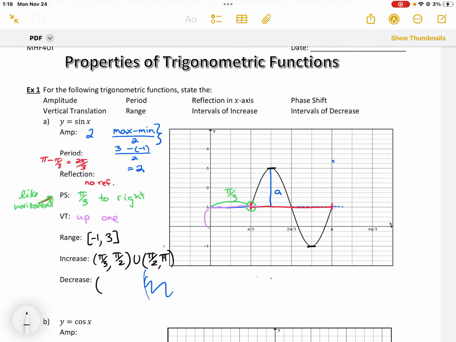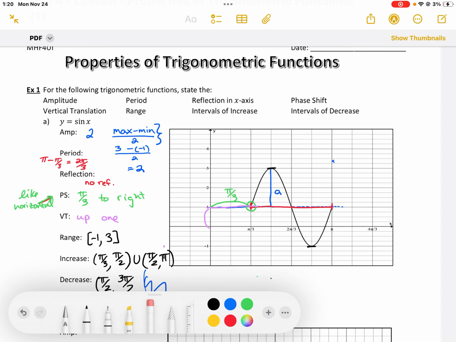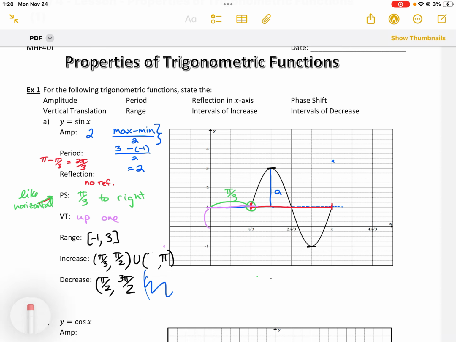And then we're decreasing in between those intervals. So from pi over 2, we look like we're sliding down all the way to 3 pi over 2 here.